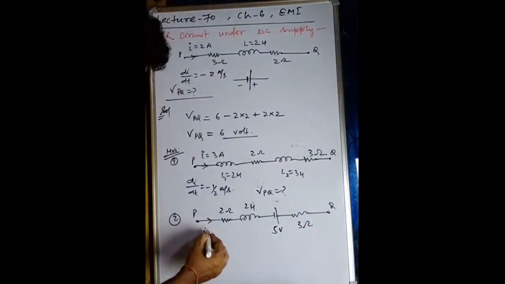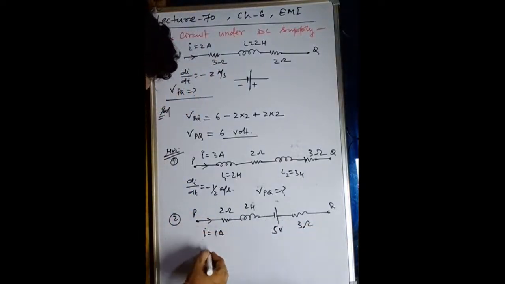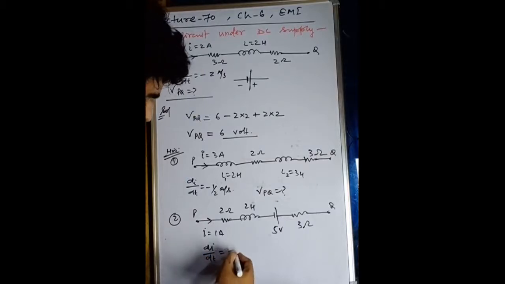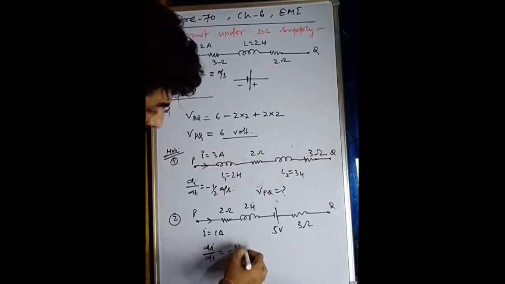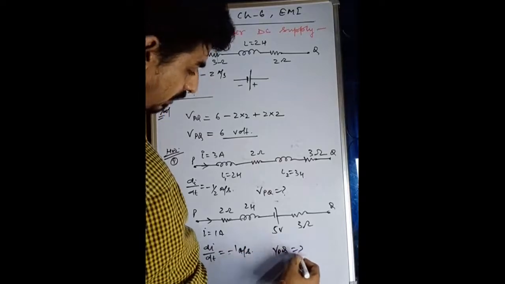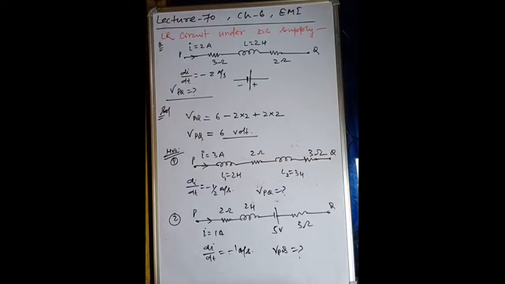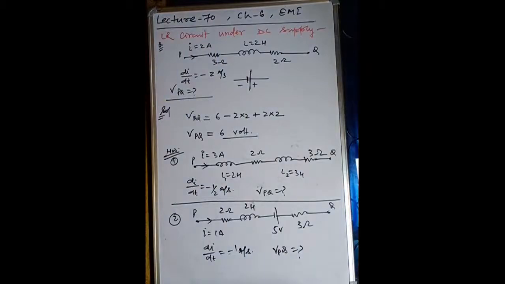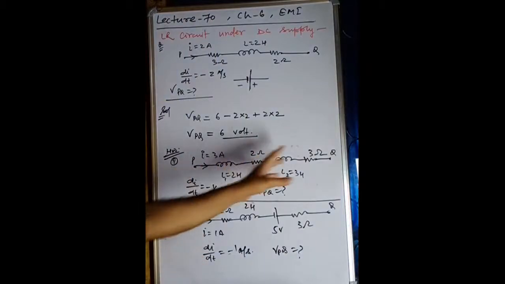Current is I equals 1 ampere, and di by dt it is minus 1 ampere per second. Find VPQ. Okay, the 2 questions. I hope you are very clear about these 2 questions. You have to find the potential between these 2 points.